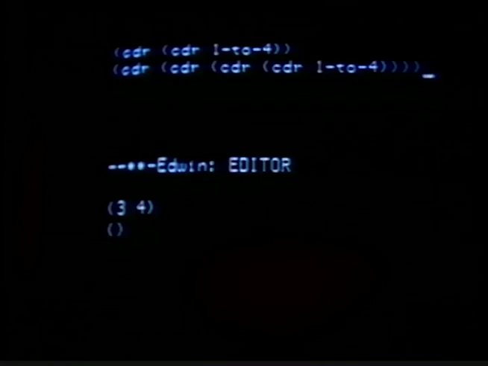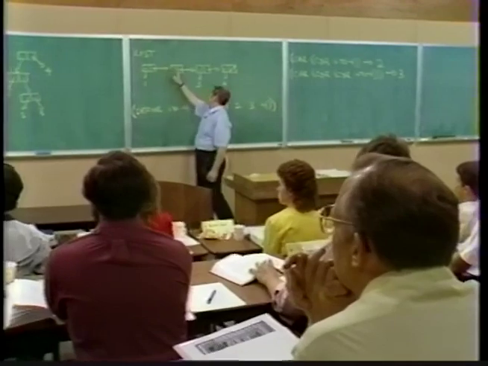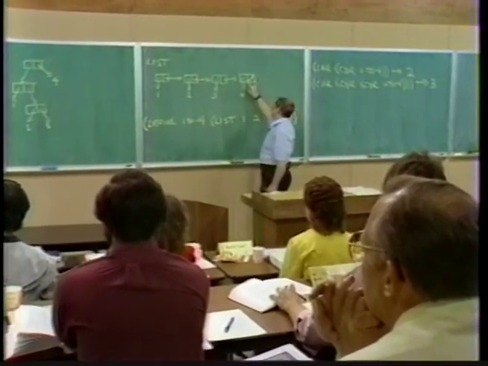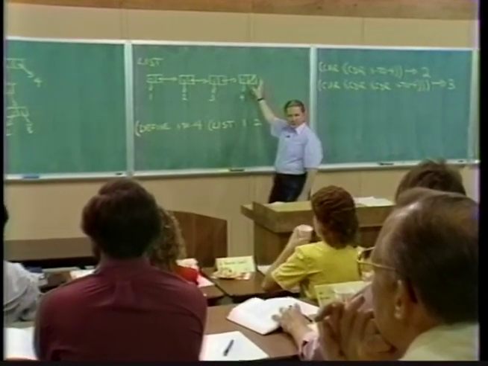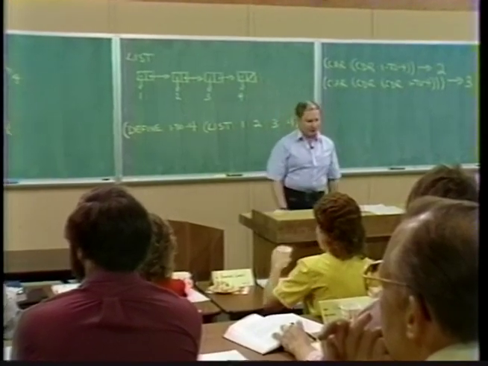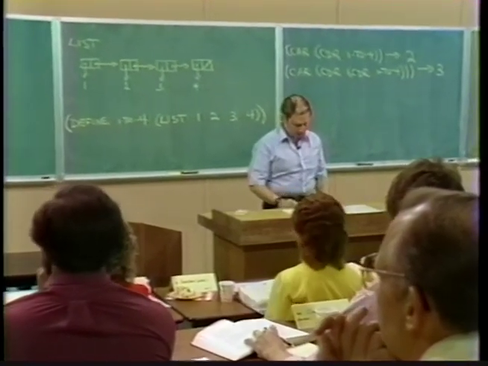You can think of that as a list with nothing in there. All right, see, at the end what I did there is I looked at the cdr of 1 to 4, and I'm just left with the end of list pointer itself, and that gets printed as open close.